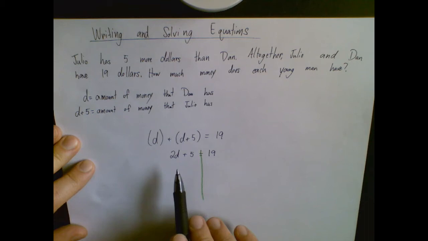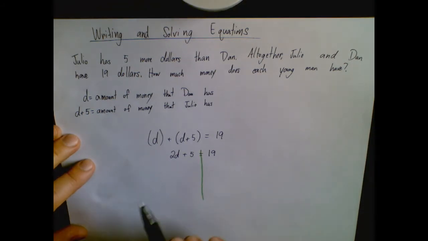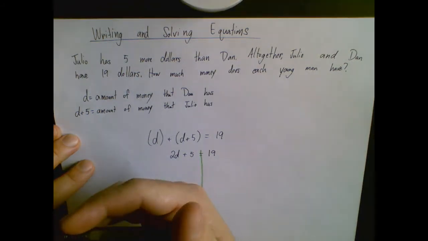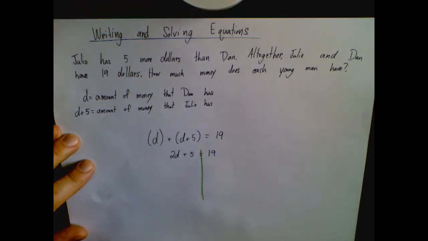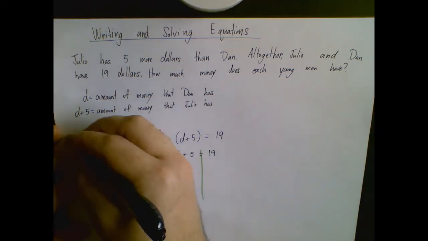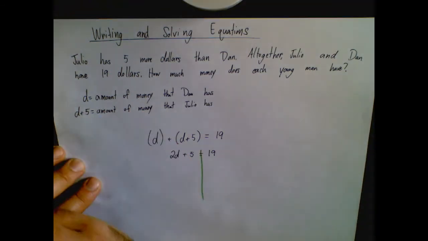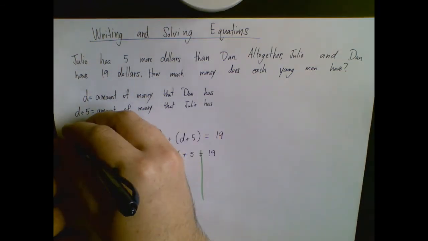In order to get that D by itself, I need to start getting rid of the other things on that side. I'm going to do that by doing what's known as an inverse operation, or undoing the math. Normally when we do a simplification, we use our order of operations, right?